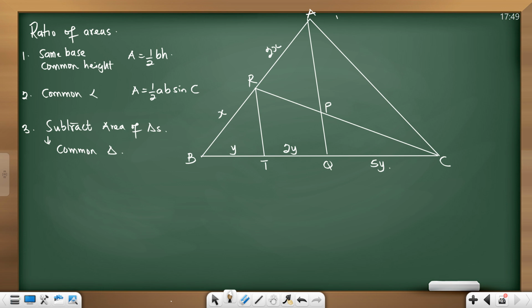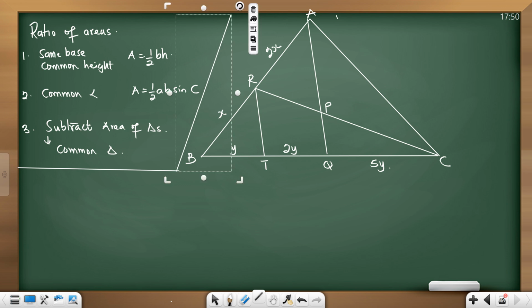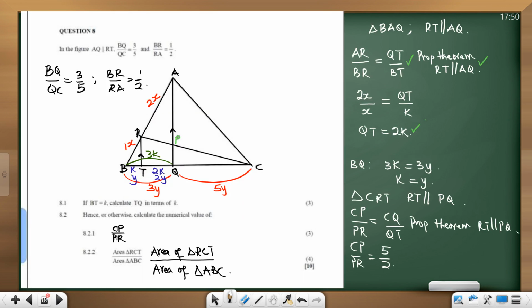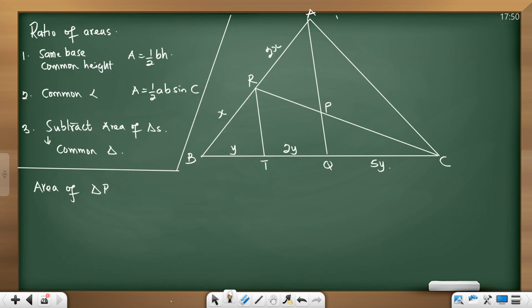Okay. Now, what are we looking for? So this is my little summary for you that we have now here. What are we looking for again? Area of triangle RCT over area of what?